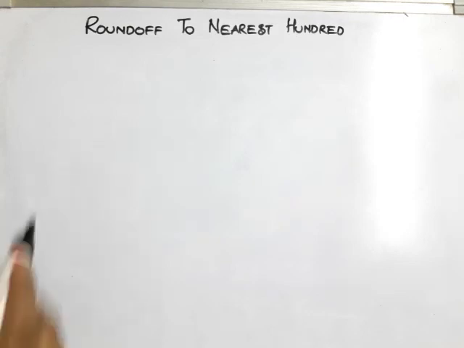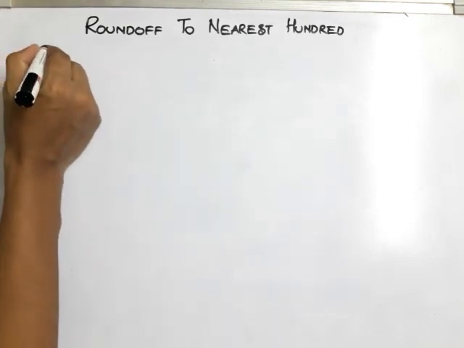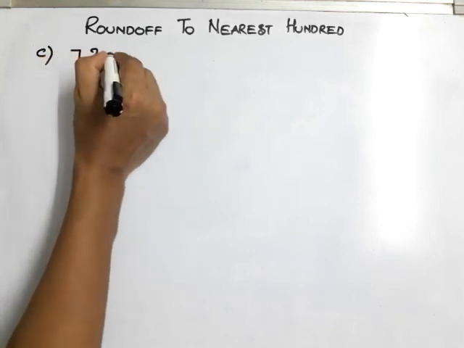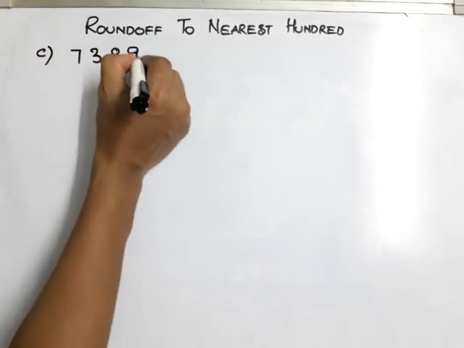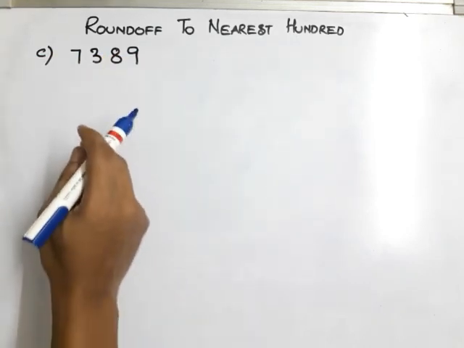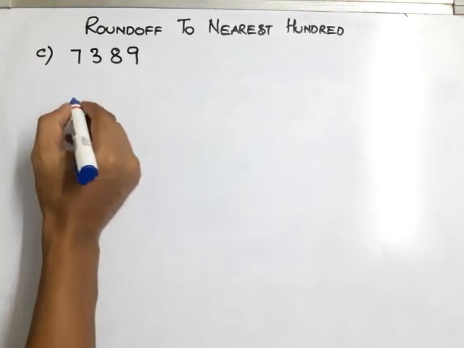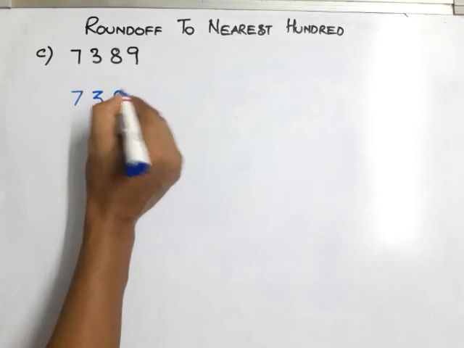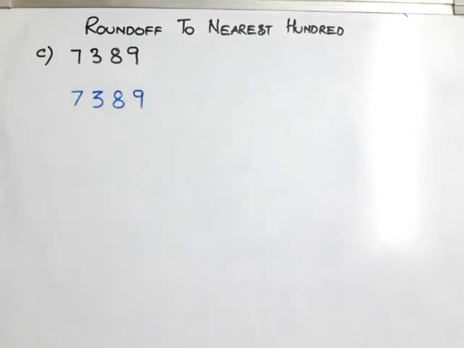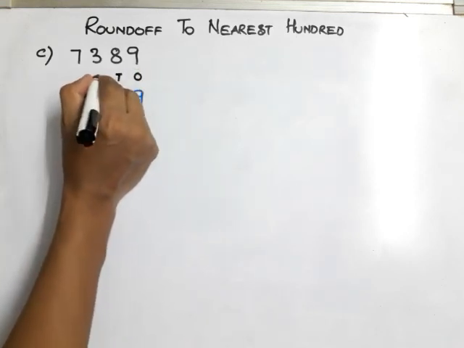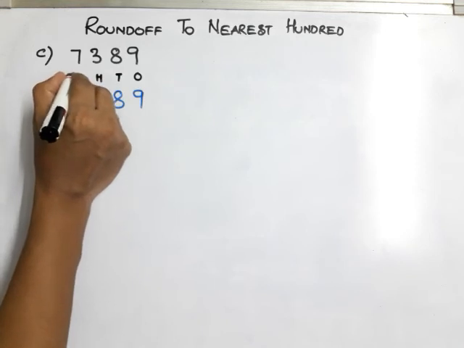Today we are going to see three more problems on the same, of which the first one is 7389. So let us start. If we check the place values of the respective digits of the given number: ones, tens, hundreds, thousands.